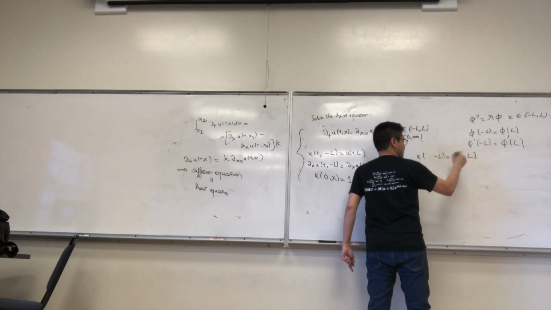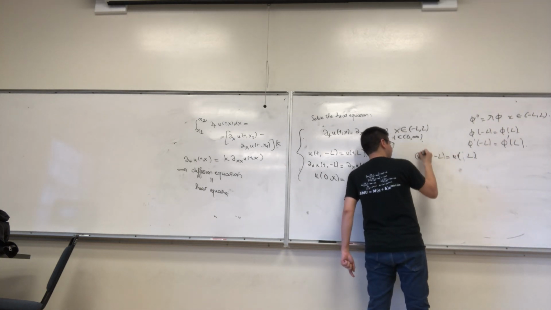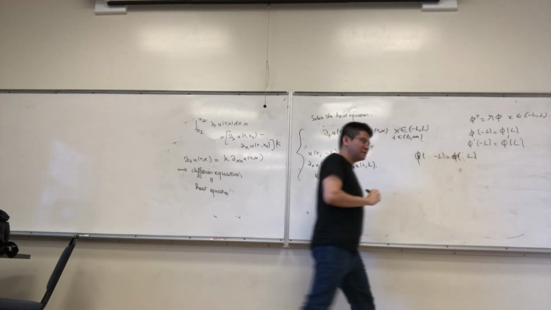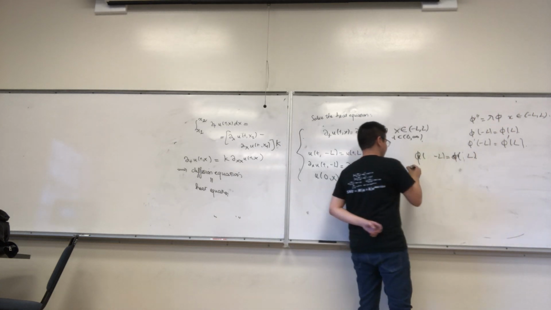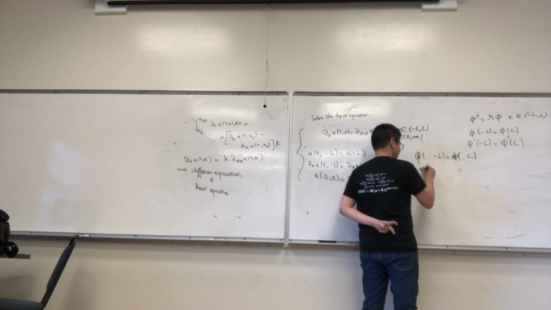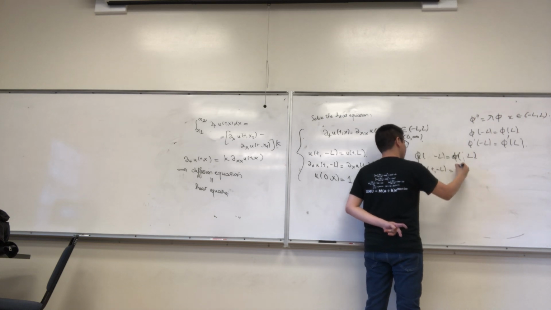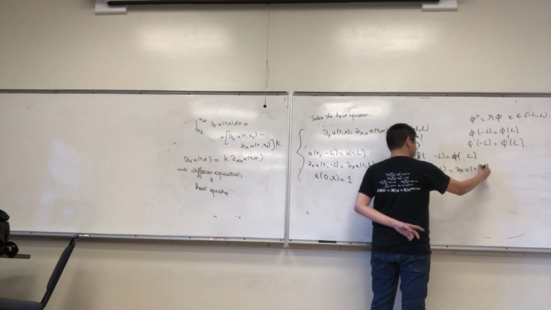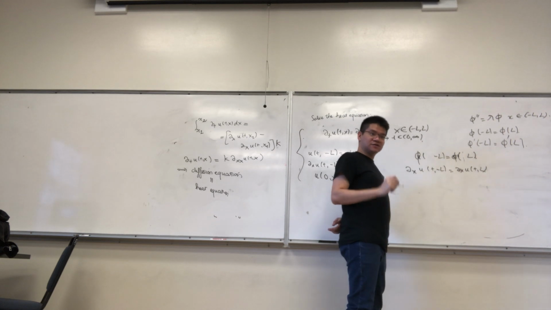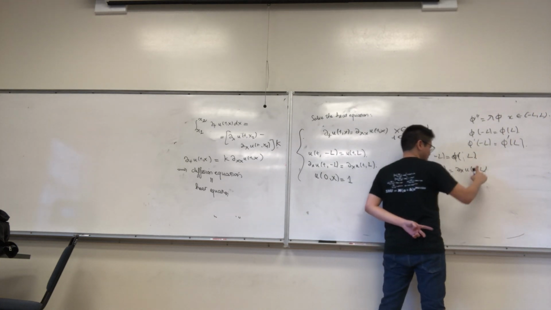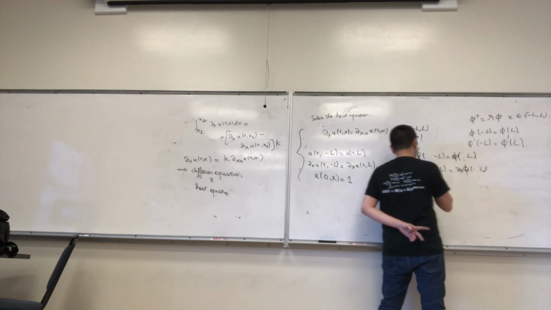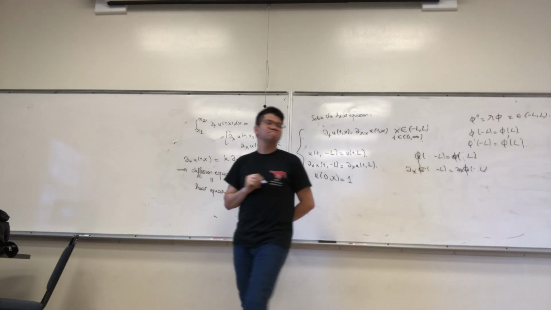First I forget about the t, now I replace u by phi. For the second one, you have dx of u(t, -L) is equal to dx of u(t, L), right? So I forget about the t, and I replace that by phi, right?